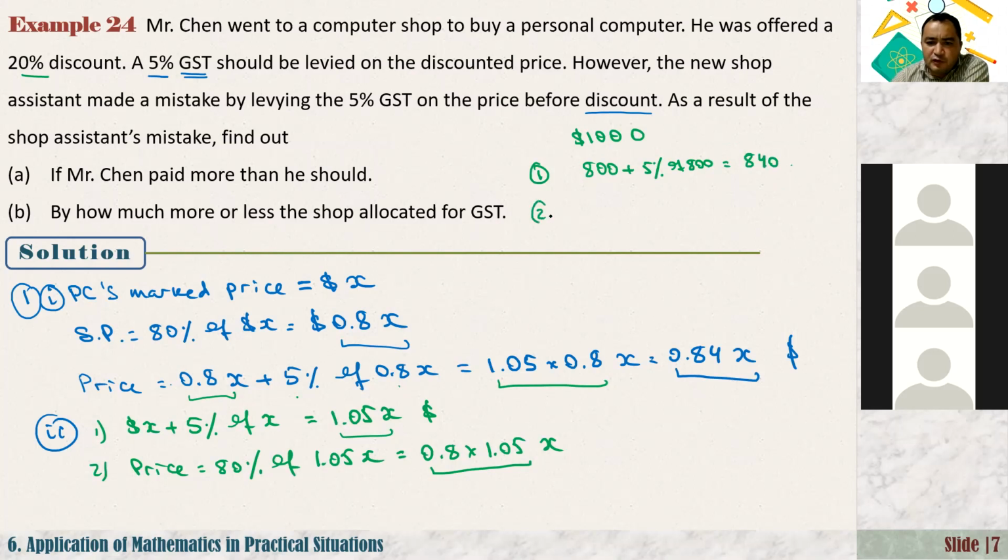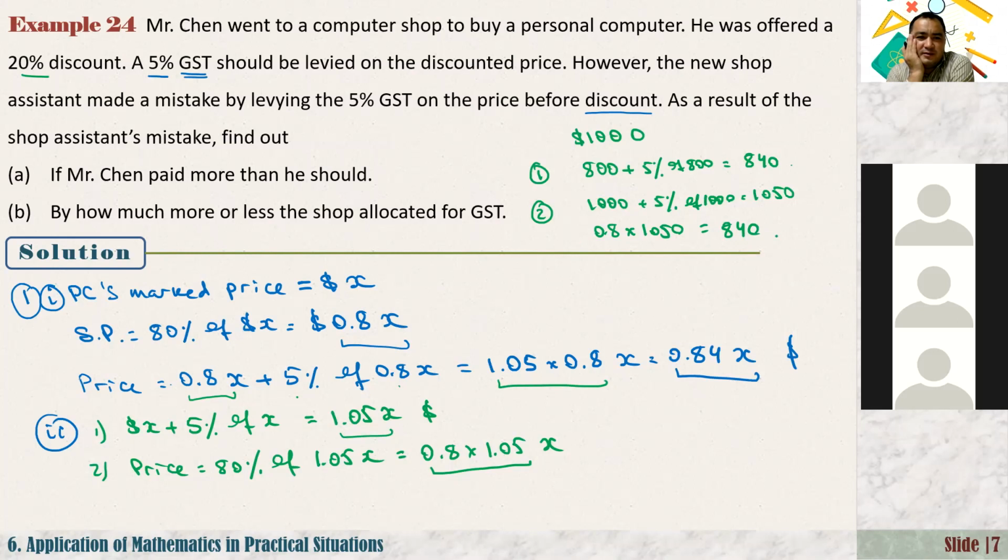But the second case, first he adds the GST, right? It is 1,000 plus 5% of 1,000, which is equal to $1,050. Then after that, he makes a discount. Now what is 0.8 times 1,050? That's equal to 840. There's something wrong, right?